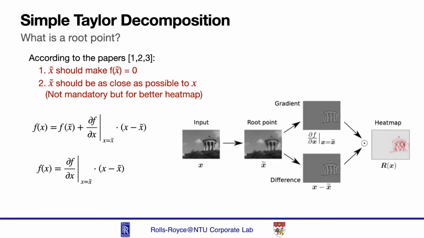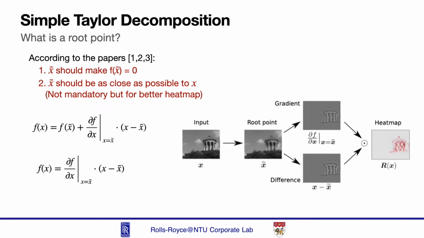It outputs 1 means that the object of interest is detected and the probability is 100%. The f of x tilde equals 0 basically means that this function does not detect the object of interest.